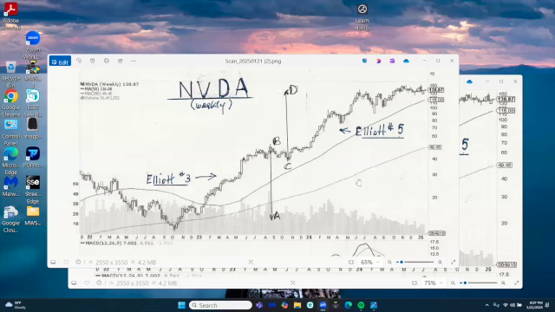So the Elliott wave is a means of watching a stock or any entity move in a pattern that shows advances and retracements.